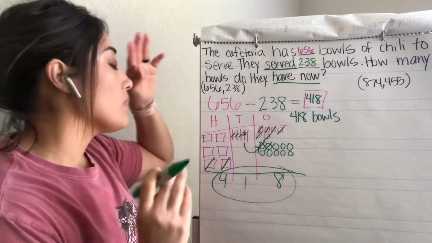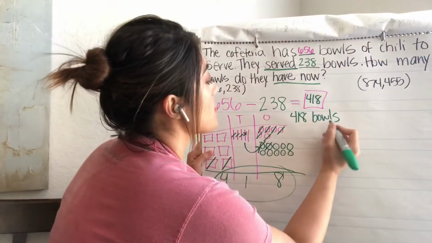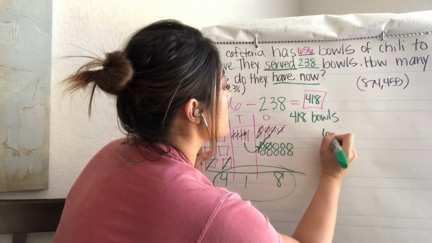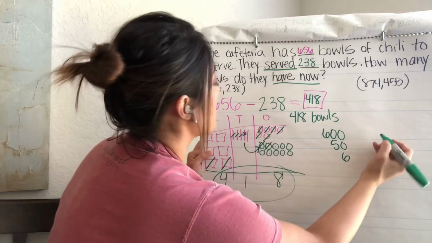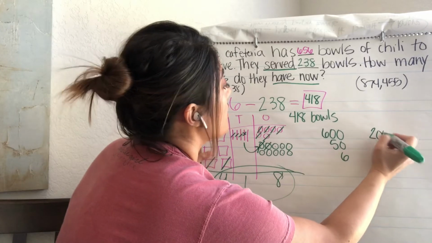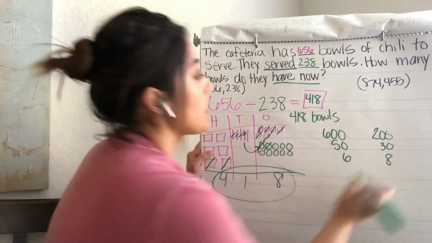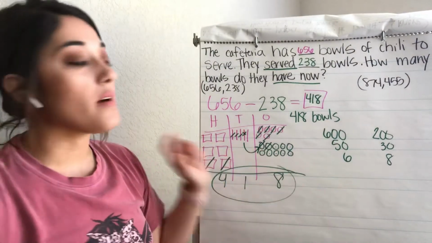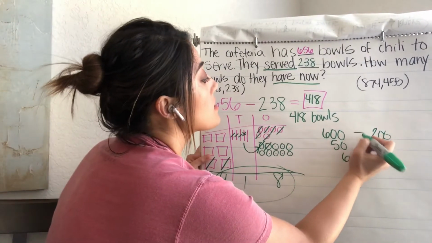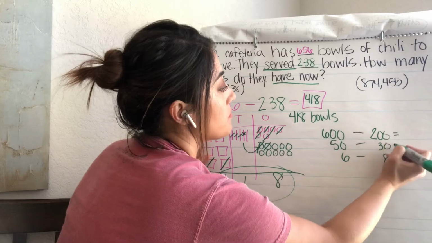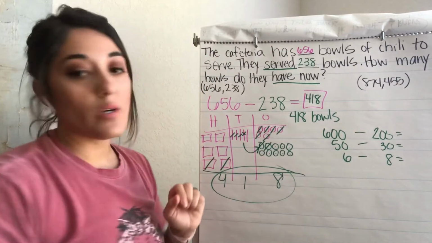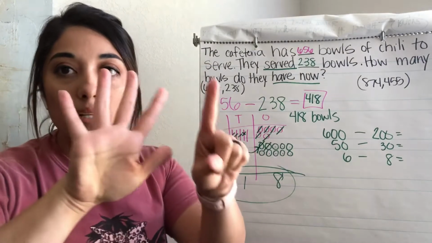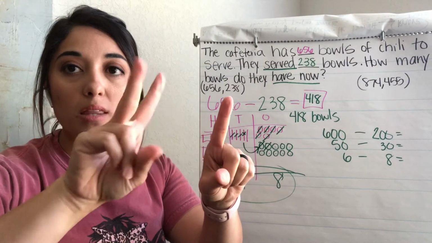All right, we're now going to look at combining same units. So let's do 600 plus 50 plus 6, and 200 plus 30 plus 8. So we've got the expanded form of the numbers, and I am subtracting. Okay? So 600 minus 200, if you need help with that, you could always use your fingers and make them be hundreds.